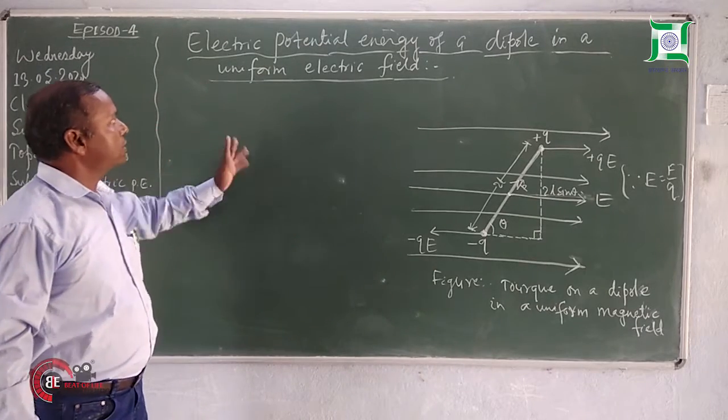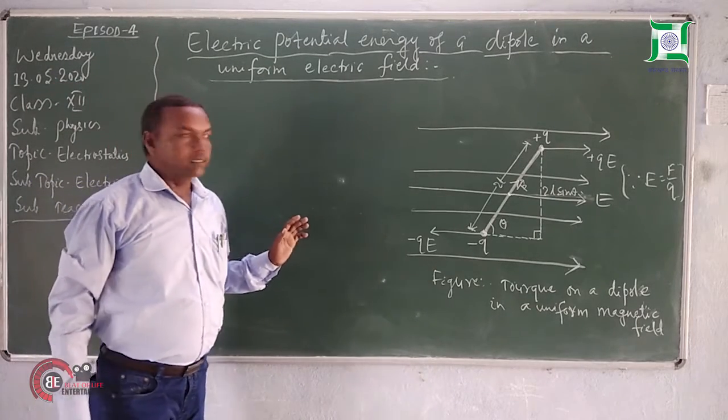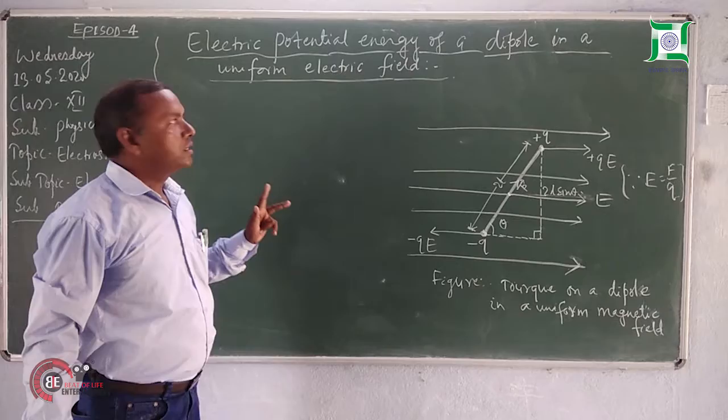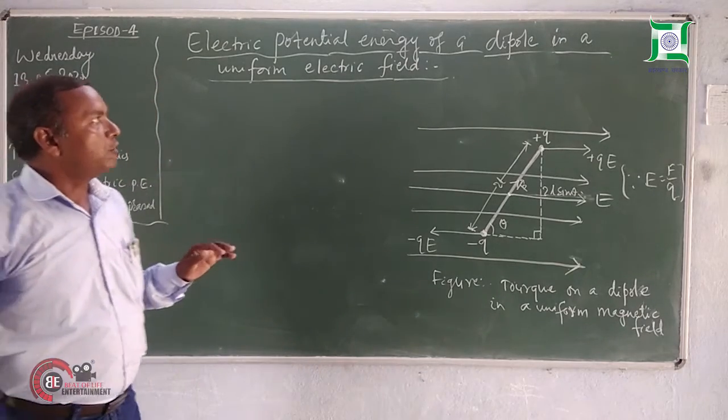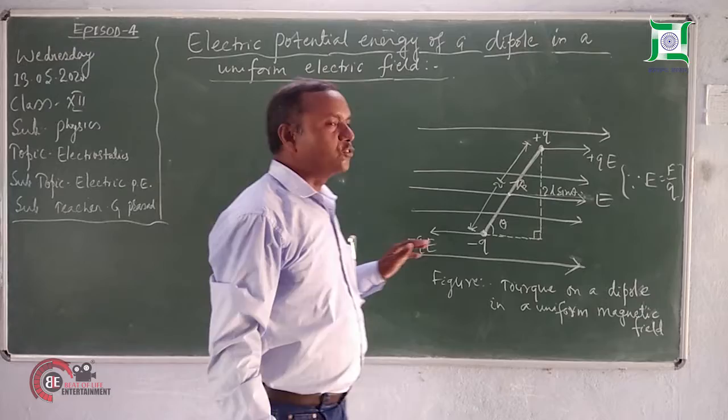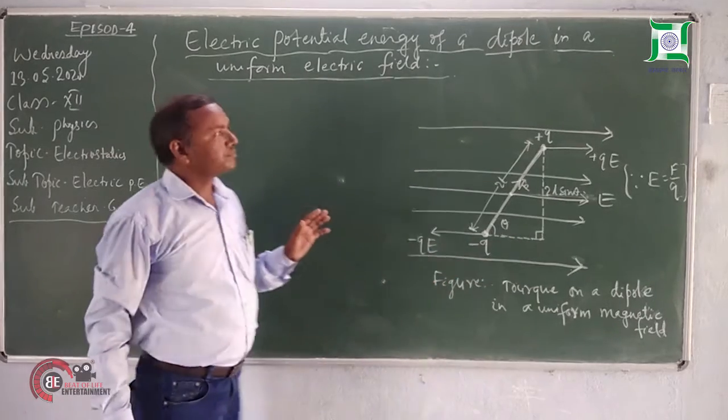Today we will understand and find an expression for electric potential energy of a dipole in a uniform electric field.